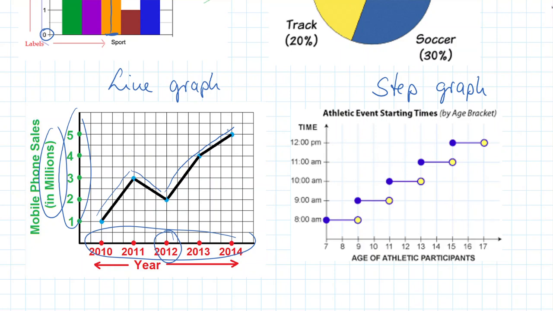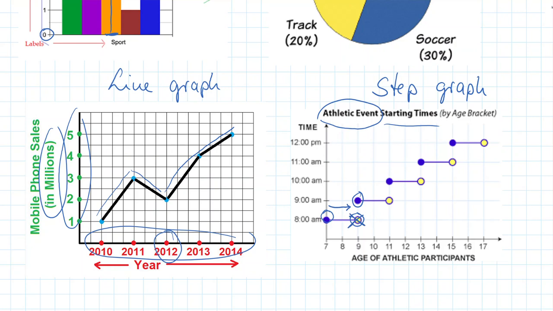A step graph has lines, and it covers different sections of the same theme. So we're having an athletics event here, and it's about the different starting times. You're having a starting time from 8 a.m. to 9. And then at 9, actually the 9 would not be included in that, because this event goes from here to here.